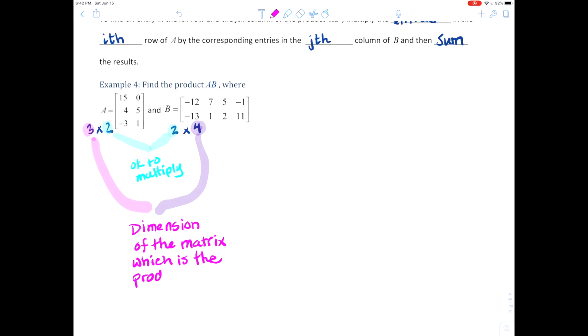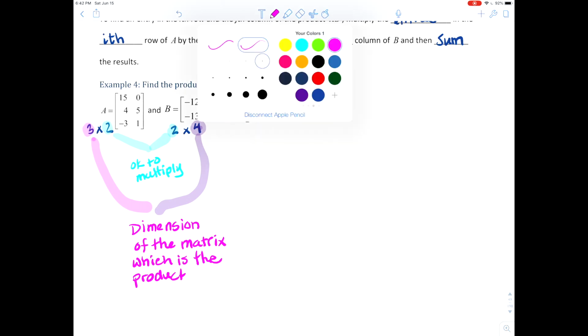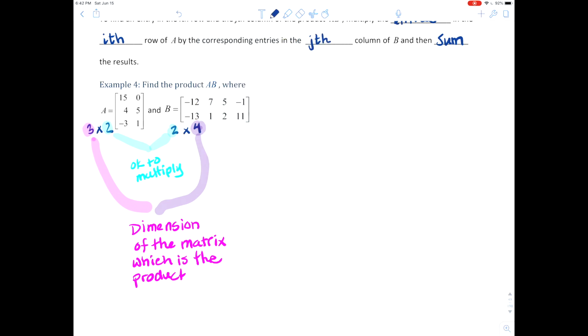So I always match these things up. I always write them side by side just to make sure I'm not making up my own math, all right? So don't feel bad if you need to do that. I don't.